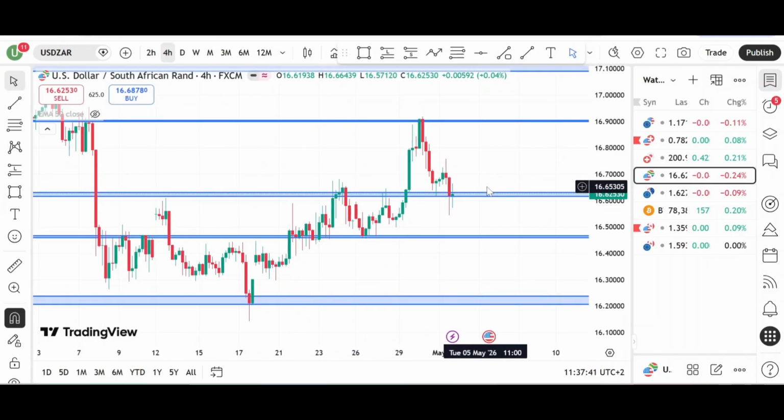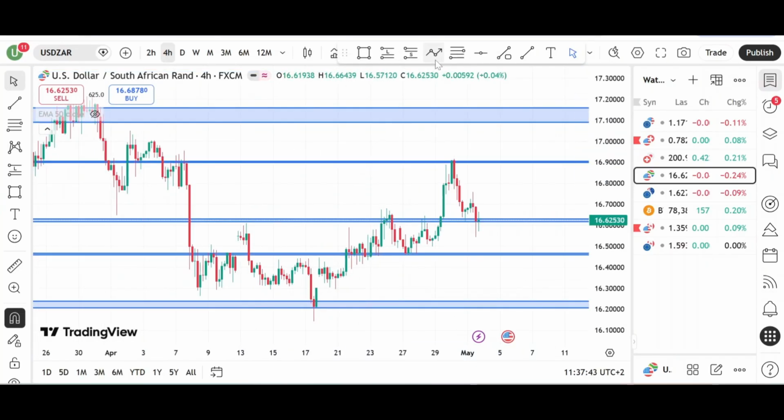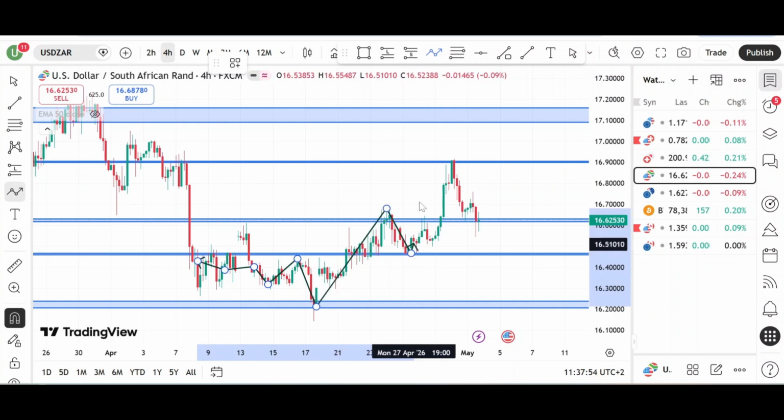As you can see here, currently we are in an uptrend, where we initially saw a range or a consolidation like this. A break of structure created a higher high, then a higher low, higher high, higher low.